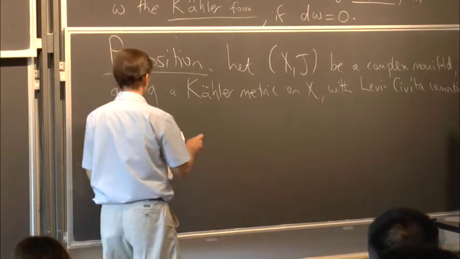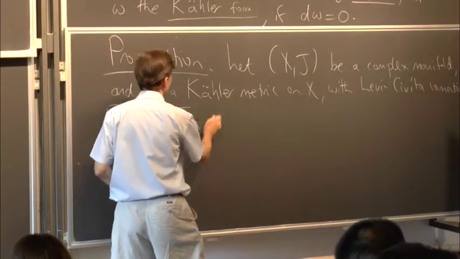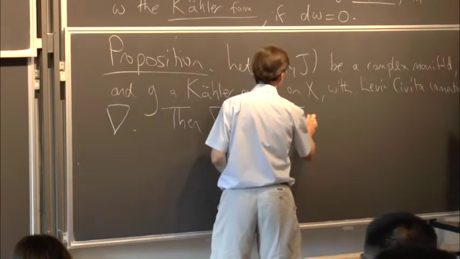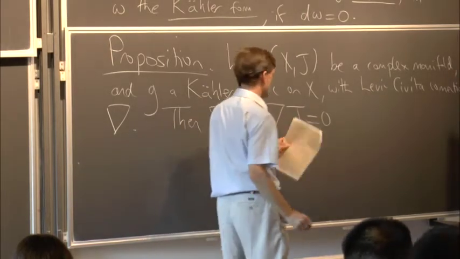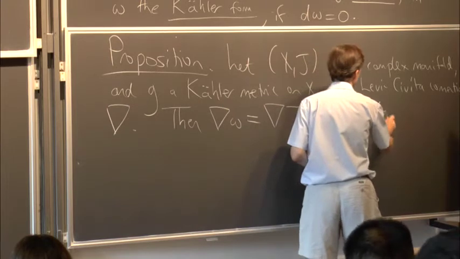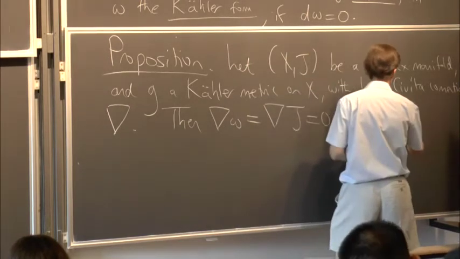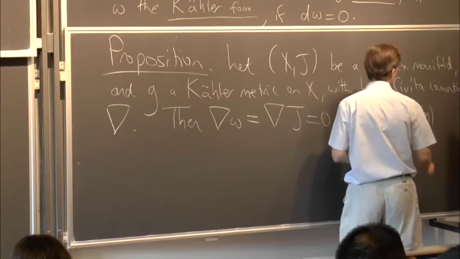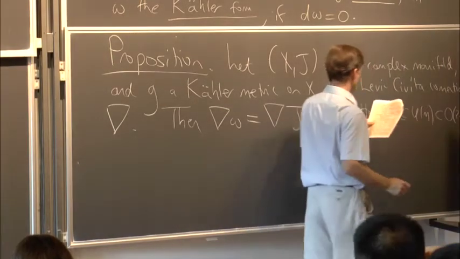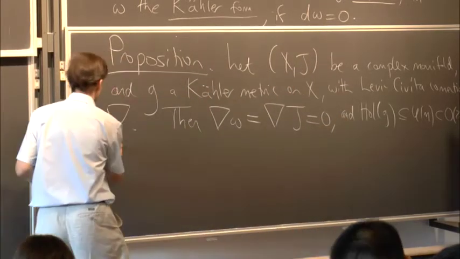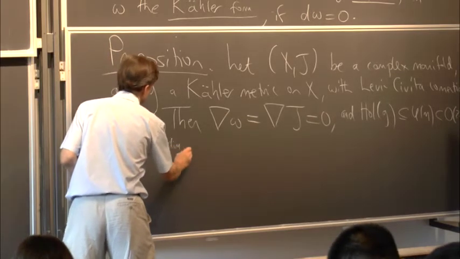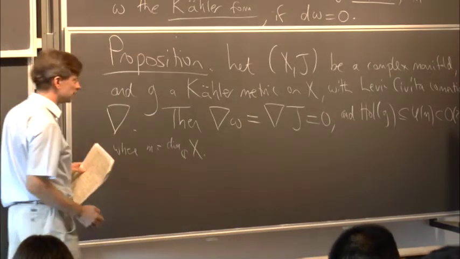The conclusion is that nabla omega equals nabla J equals 0, and the holonomy group of g is contained in U(m), which is contained in O(2m), where m is the complex dimension of X, which is half the real dimension.